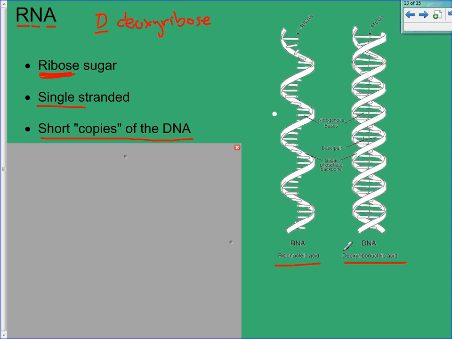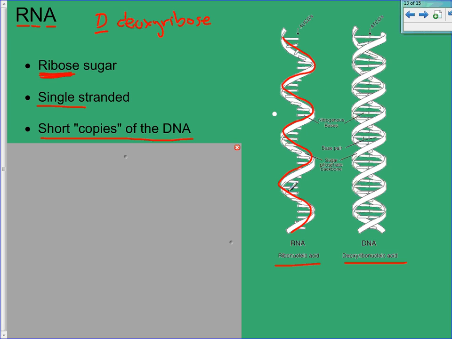And so that's how the RNA is. It's a short copy of the instructions that can be used for a specific task. It's not the entire thing, it's just a short copy of it. The important thing about that is RNA can leave the nucleus. Our DNA is stuck in the nucleus. It can't leave. There are three types of RNA, which we'll talk more about in the next lecture.